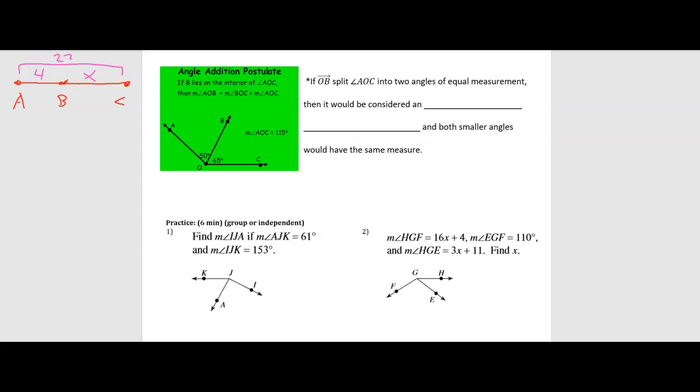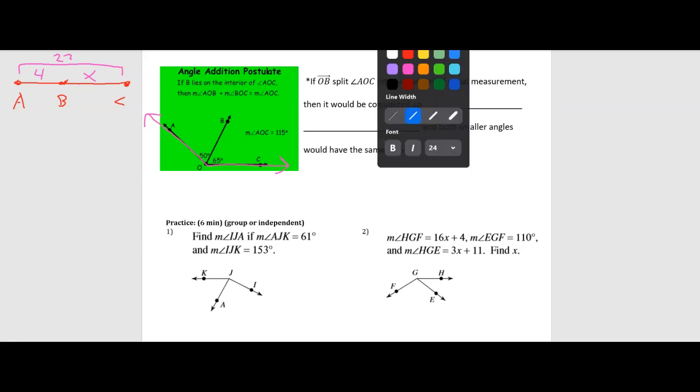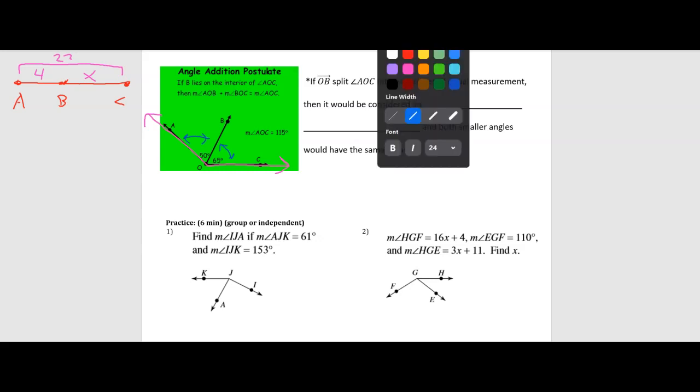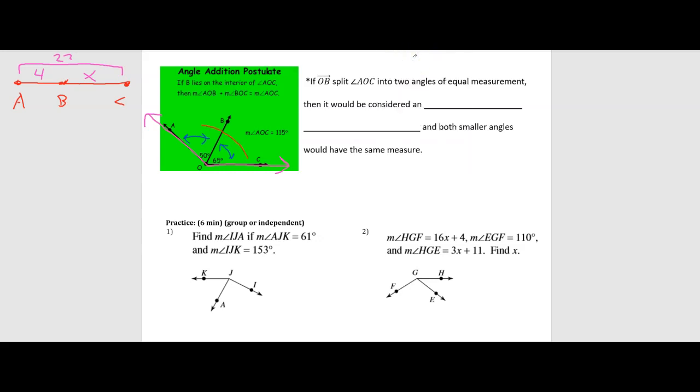It says if you have one large angle and it's broken up into two or more smaller angles, well, you can just add up the measurements of the smaller angles and they will have to equal the measurement of the larger angle, right?